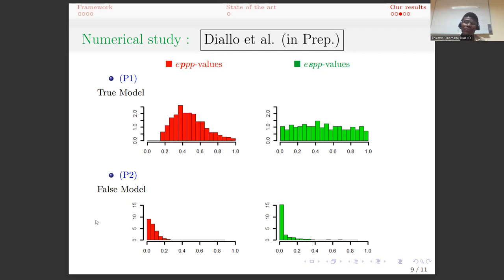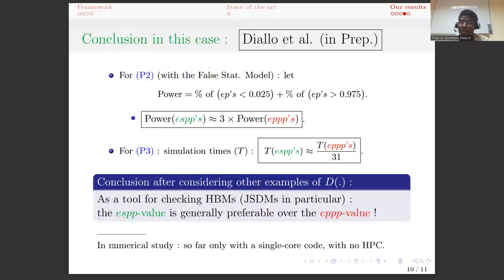For P2, with the false statistical model, the ESPP-values were more concentrated around 0 than the EPPP-values. In other words, the ESPP-values were better at detecting departure between the statistical and the true prior densities of the latent variable than the EPPP-values in this example.